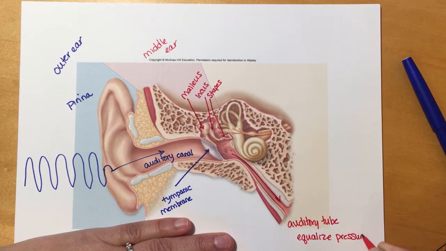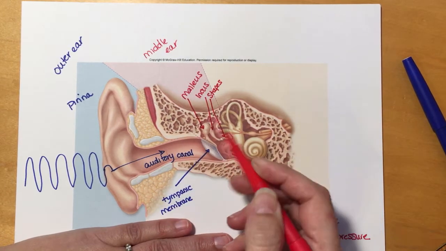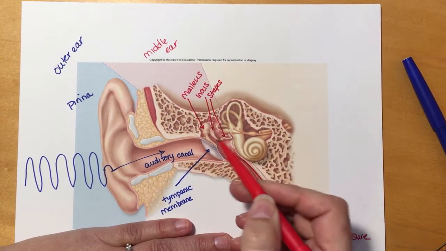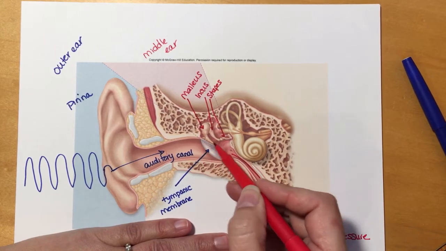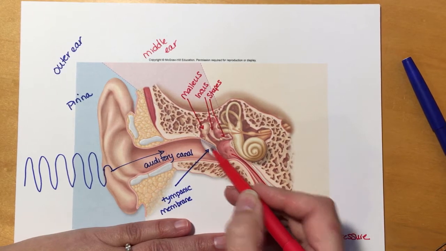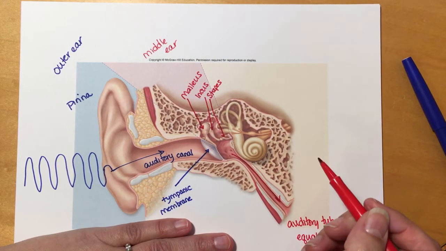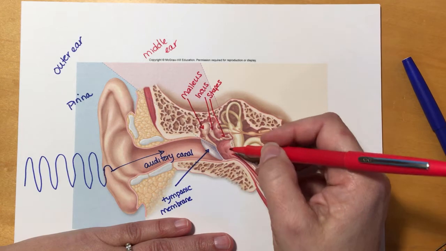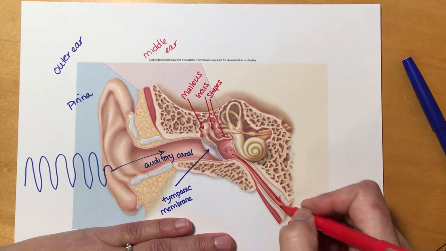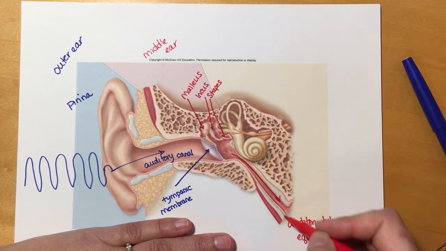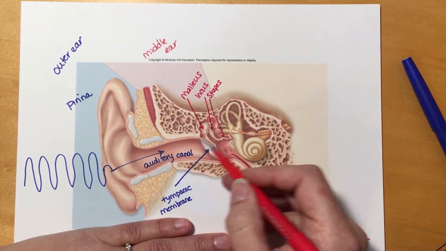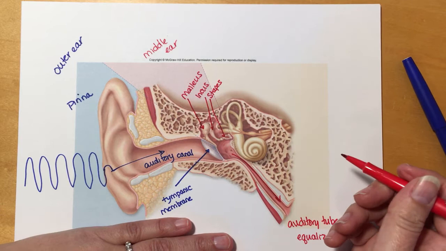For example, if you go up into an airplane and the pressure goes up or down, it's going to cause pressure out here. Since the outer ear and middle ear are not open to one another, it can actually push on this tympanic membrane and it can cause quite a bit of pain. But if you open your mouth up, it will cause this auditory tube to open and help to equalize the pressure on one side and the other side of the tympanic membrane.